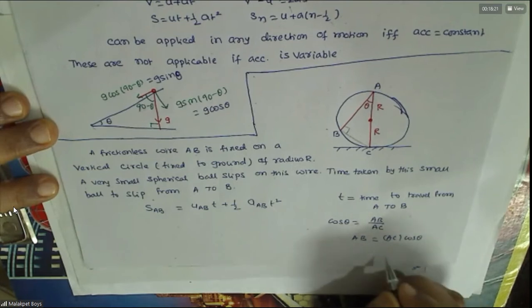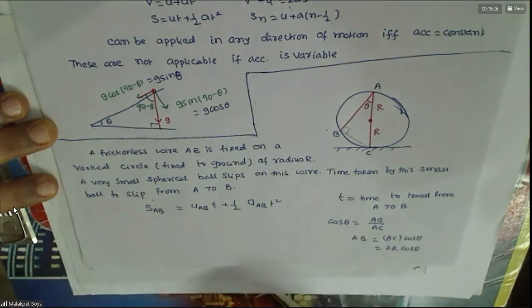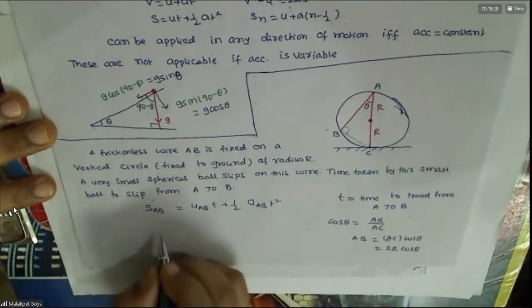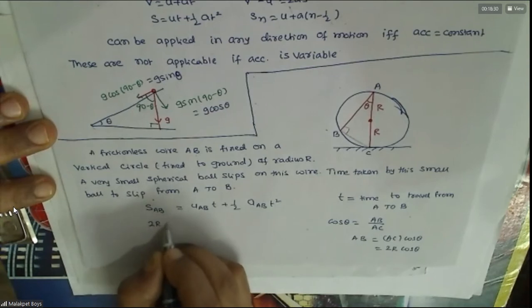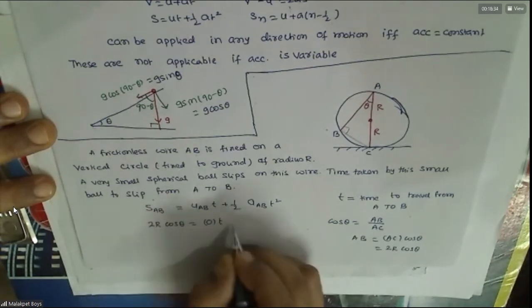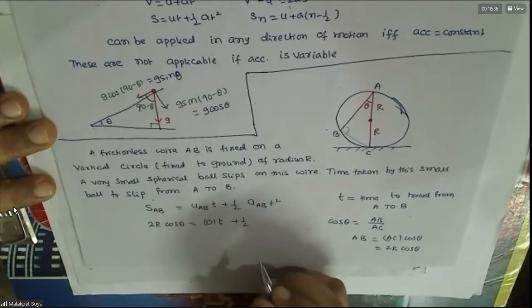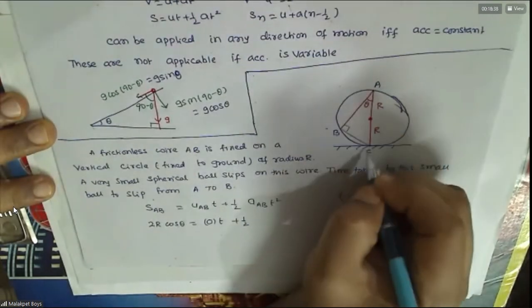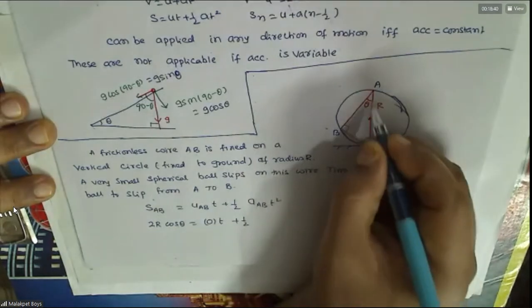What is AC? 2R. So here you have 2R cos theta equals half times g. See, this is g now.